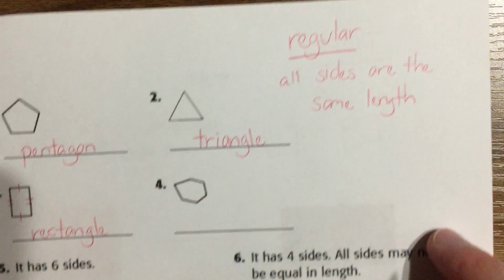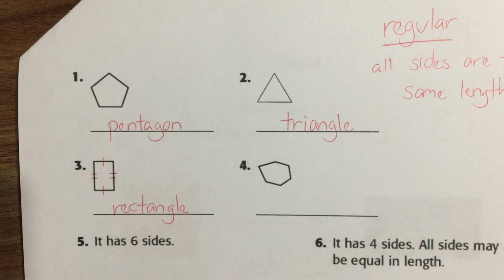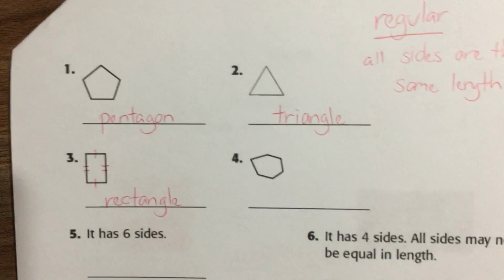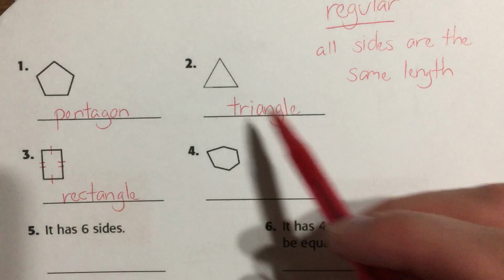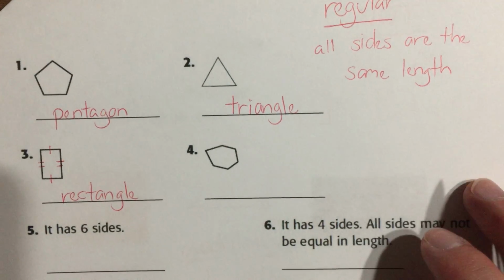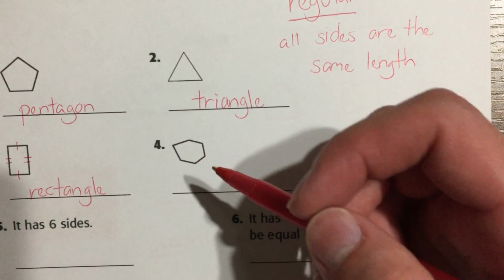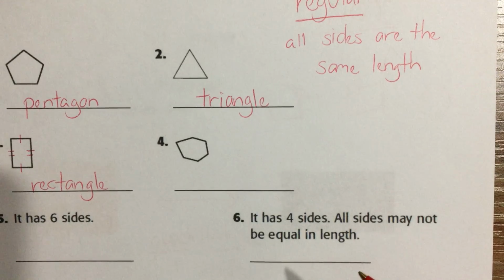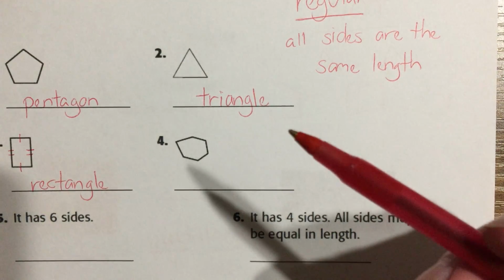Pardon my handwriting, writing kind of quickly there, but regular means all sides are the same length. So that pentagon that we had over here, the other shapes that we saw on the other page, those were regular shapes. Those were regular polygons because all of the sides were the same length. This one is not regular because you got a couple long ones here, and these other ones are short. But the important thing that we have to look at to figure out what that shape is, how many sides are there?